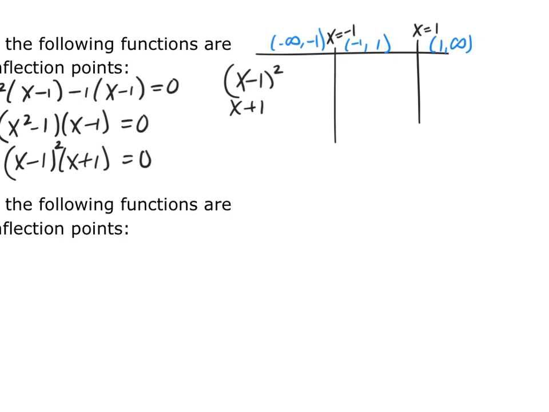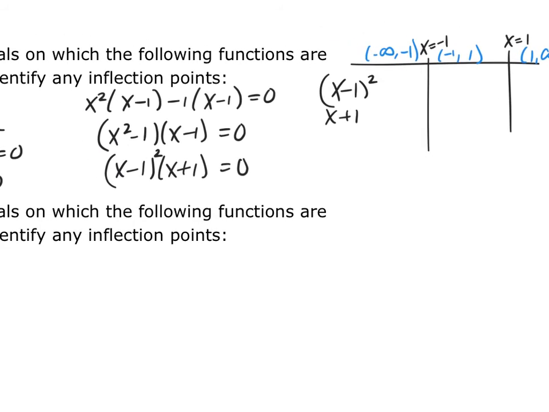Choose something in the left region. What do you want to choose in the left region? Shouldn't it be x squared minus 1, not x minus 1 squared? Isn't it x squared minus 1 in the parentheses though? Yeah, but it factors into the difference of squares.